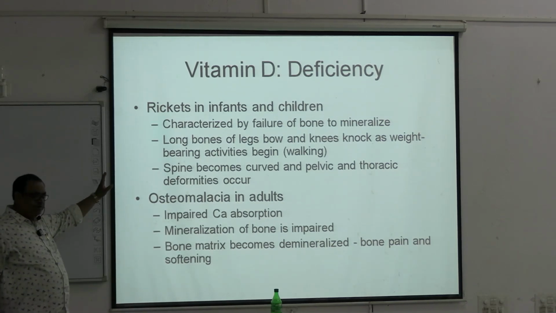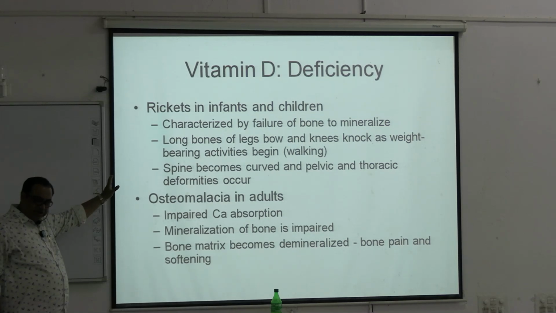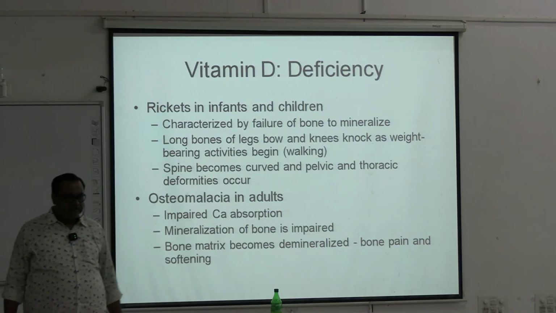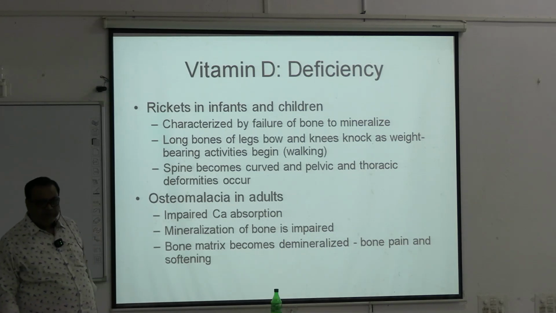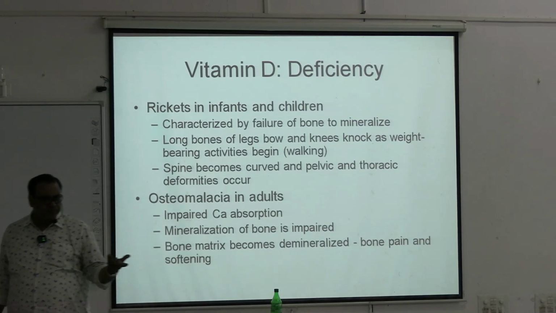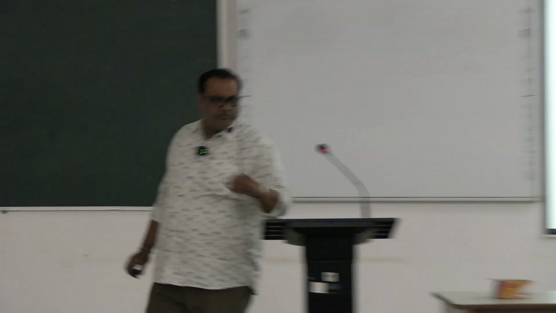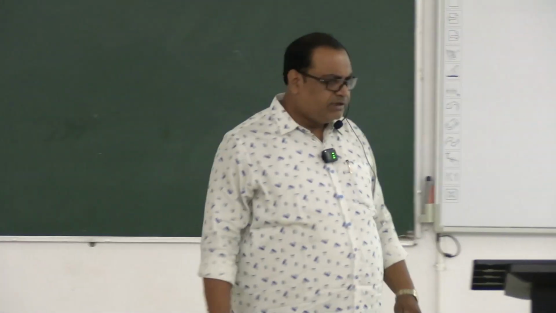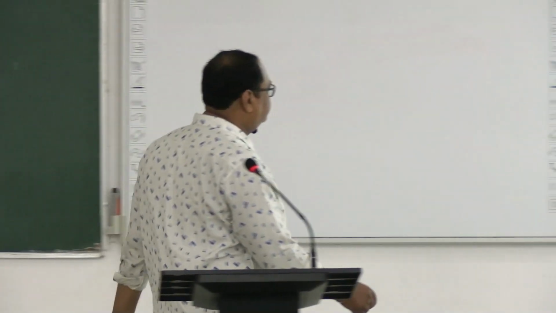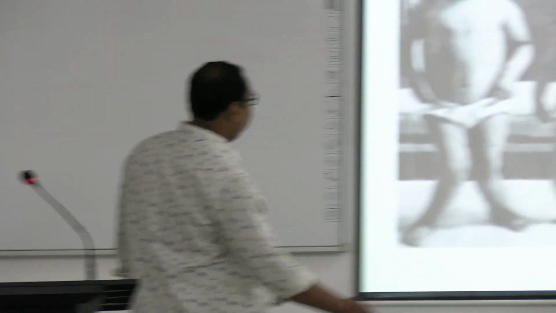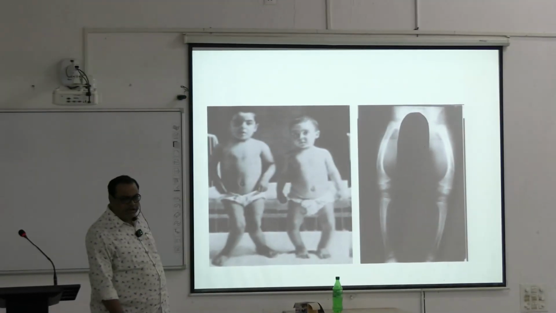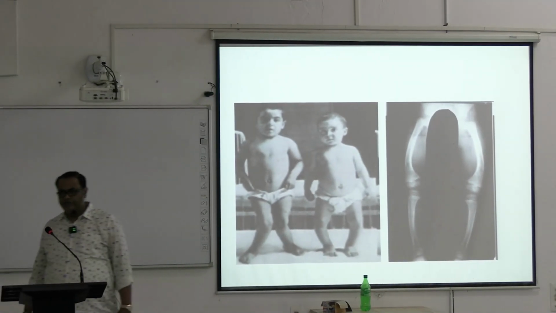In young people, rickets. In older people, osteomalacia. What is the difference? Both are fracture prone, both have low serum calcium level, correct? Low vitamin D level, but some radiological disparity you will see.